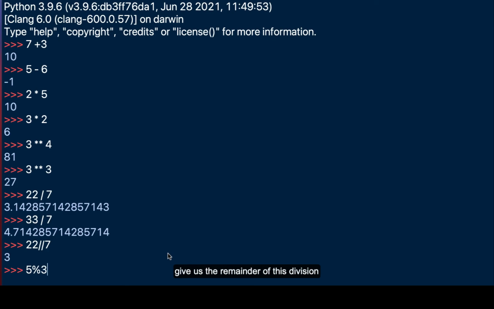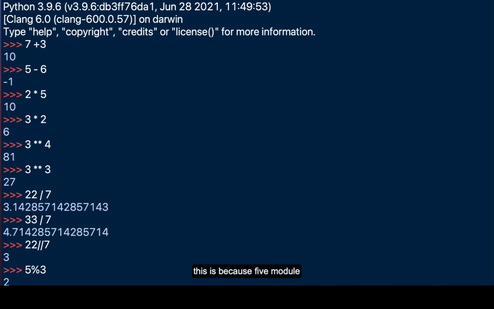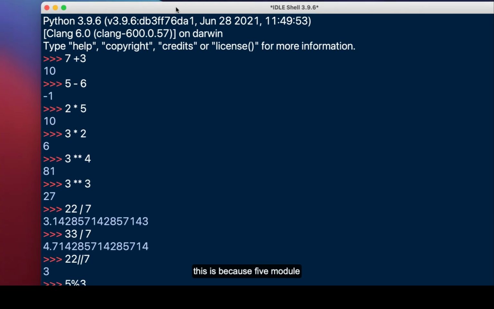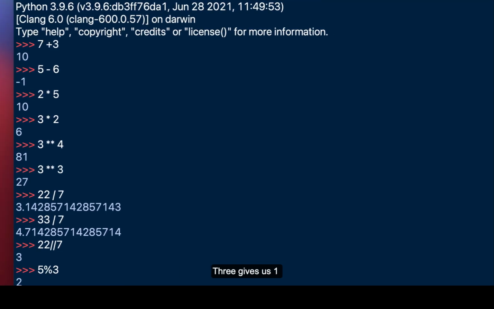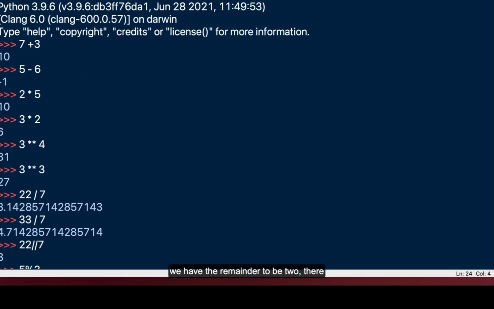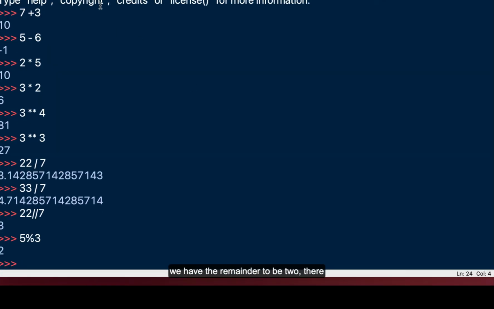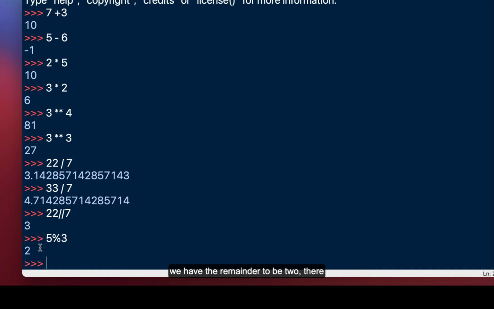It's going to give us the remainder of this division, so it will give us an answer of 2, because 5 divided by 3 gives us 1 and the remainder is 2.